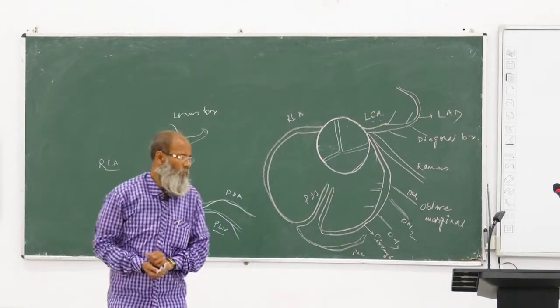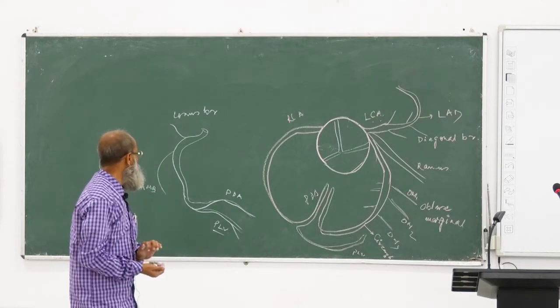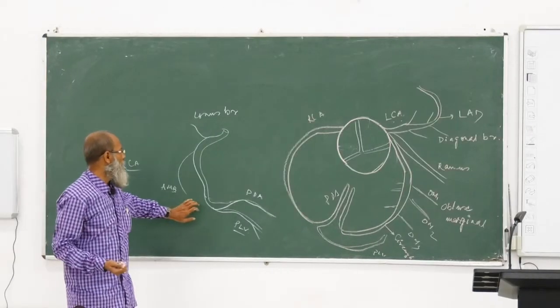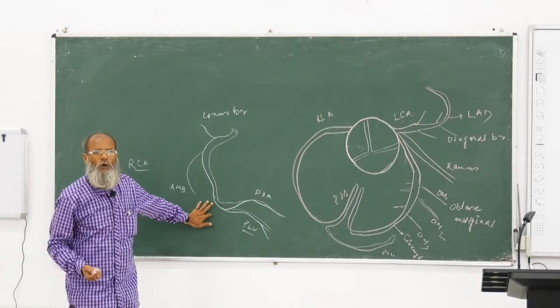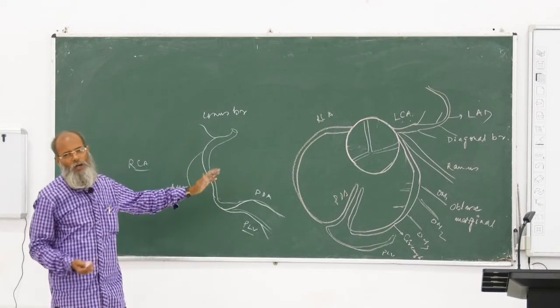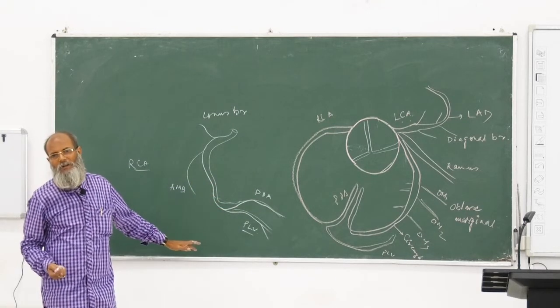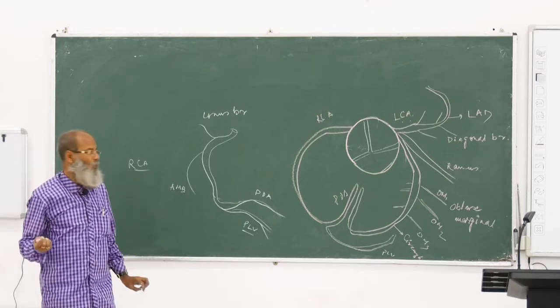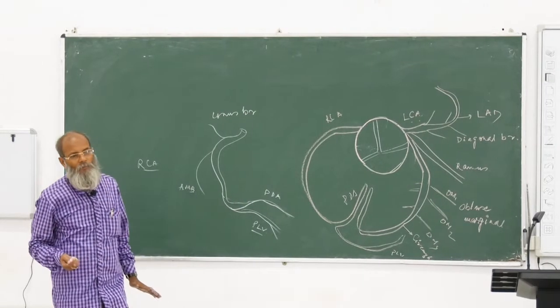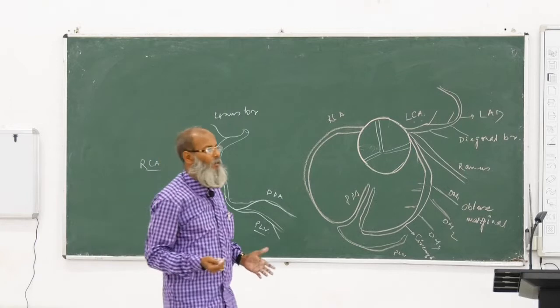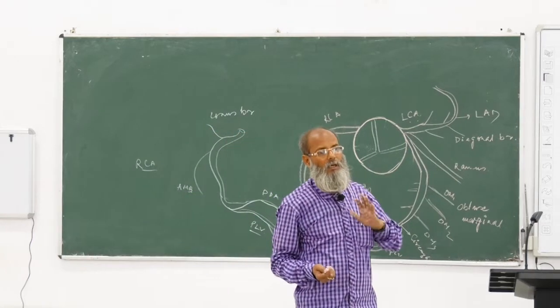So what did I say? One part is if you draw the right coronary artery like this, or similarly if you draw the left coronary artery like this, all right, in a standard view, that will be wrong, because we see the coronary artery is not in a single plane.